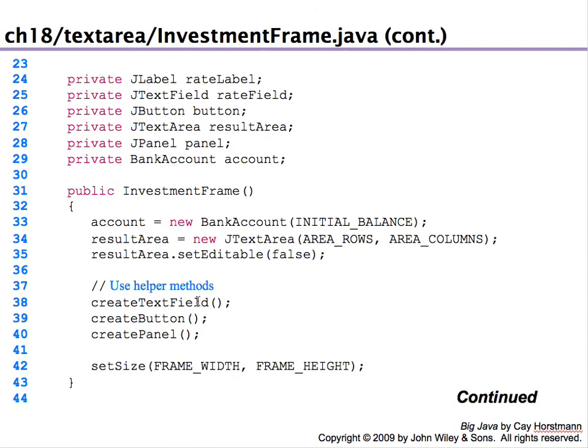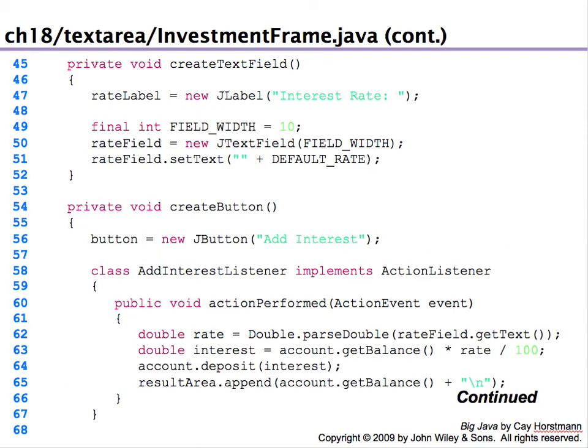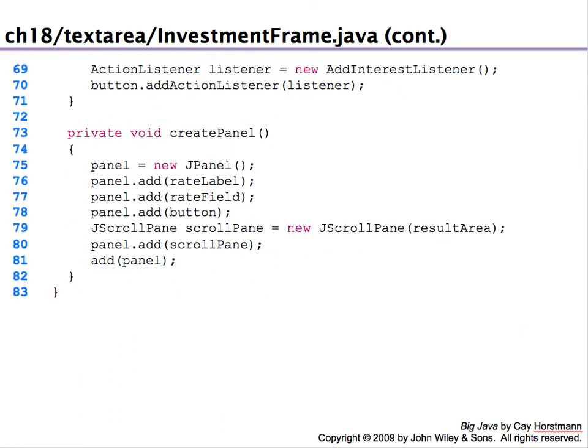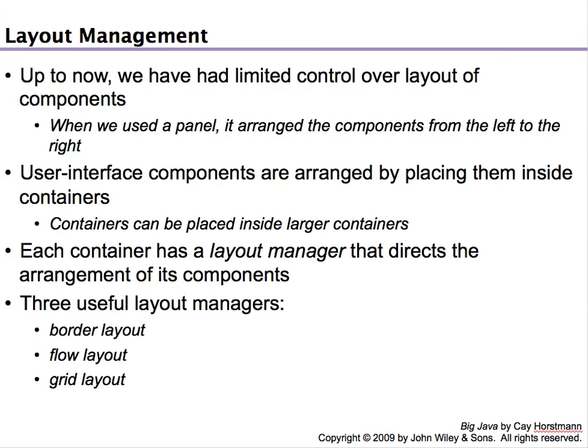So here is the frame, creating the account, creating the text area, making it not editable, then creating the text field, the button, and the panel as you did in the past. So for the text field, create the label and text field, and the button. Now you're using append on the text area in order to display a new balance here, and then this is the panel that puts them all together.